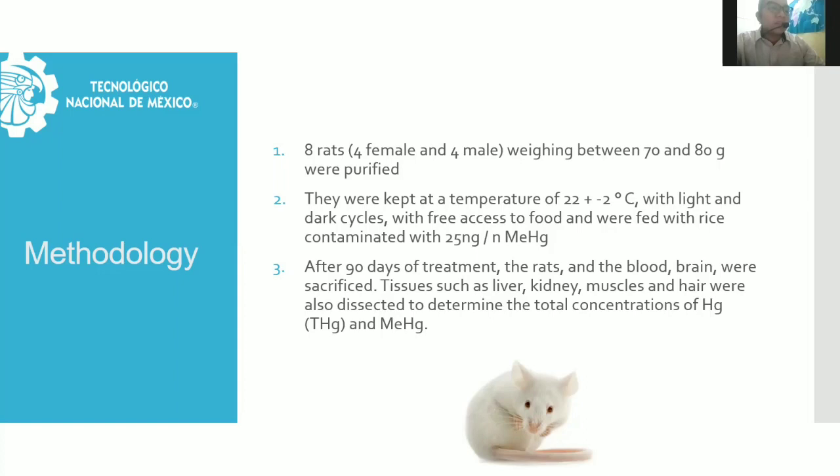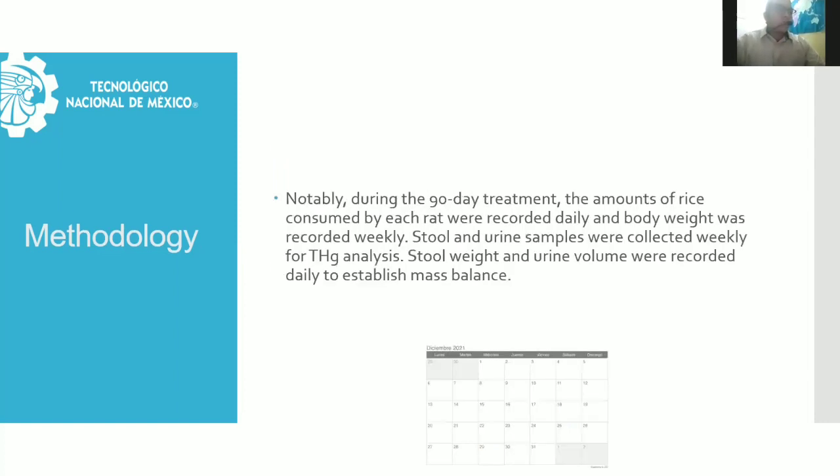After several days, 90 to be exact, the rats were sacrificed by dissecting some parts of them, such as the liver, brain, and blood, among others. Continuing with the methodology, the amount of rice consumed by each rat was recorded, as well as what each one weighed.